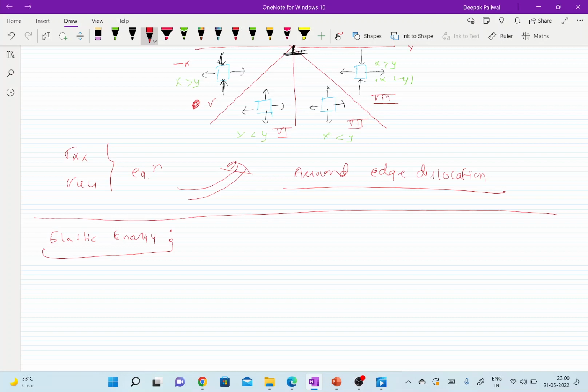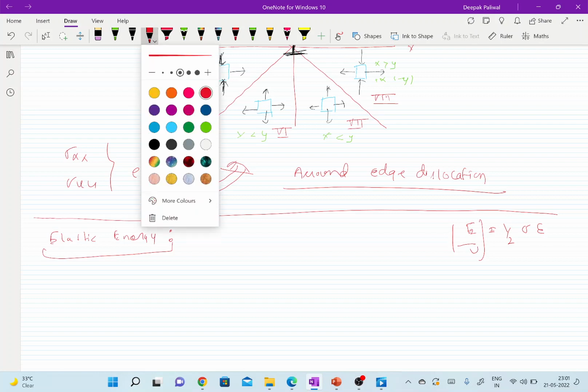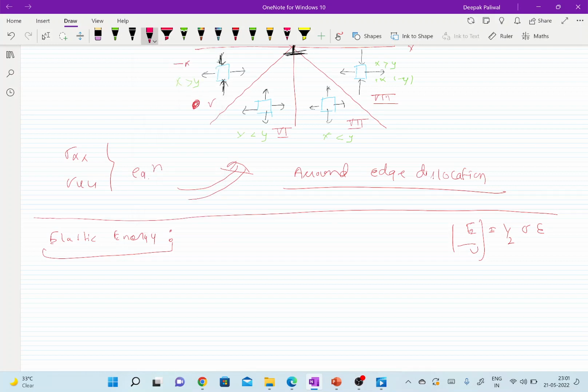What we know is the energy in terms of stress and strain, 1 by 2 sigma into strain, which is the elastic energy per unit volume. So a similar thing we will use here. In tensorial notation, it is E = 1 by 2 summation sigma ij epsilon ij dV per unit length.